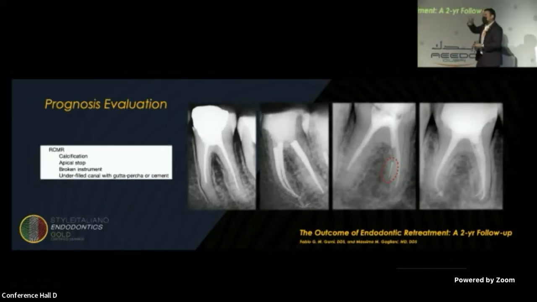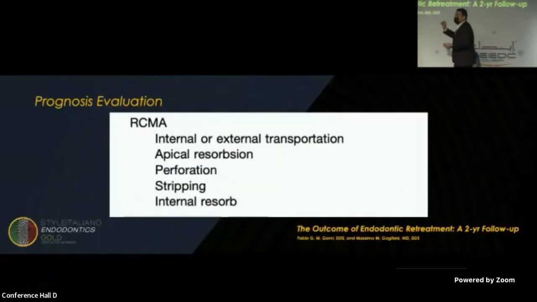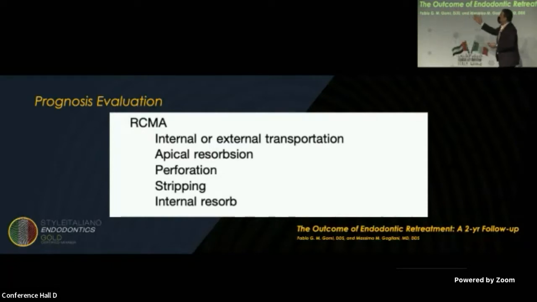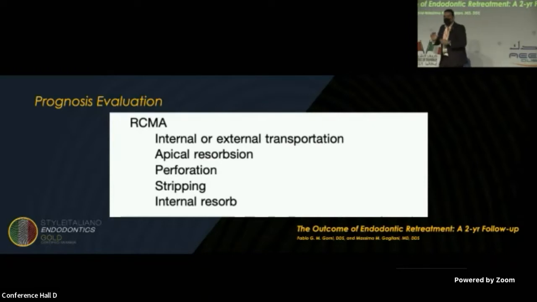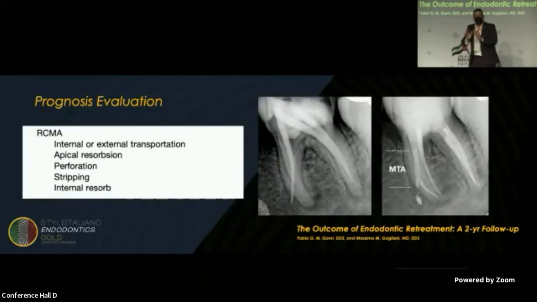But on the opposite side, if you have errors or reasons for failure that altered the root canal anatomy, like perforation or stripping or internal resorption, the prognosis is already lowered, because in these cases we have alteration to the anatomy. Like in this case, here we have perforation.